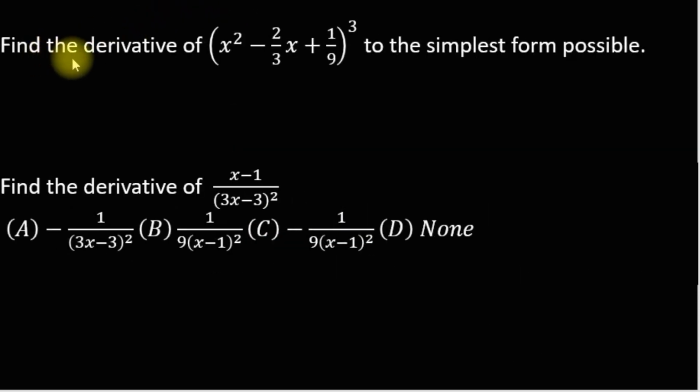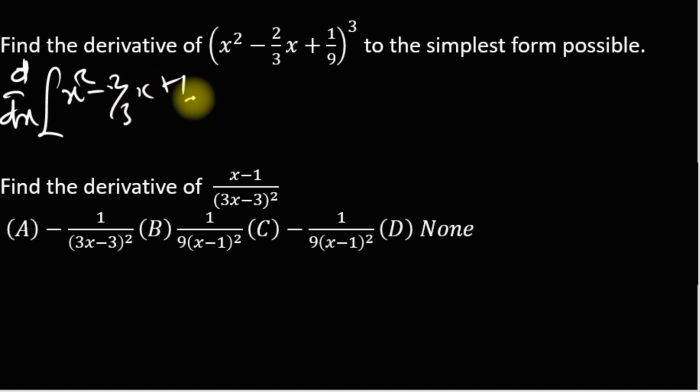We have to find the derivative of this to the simplest form possible. We are asked the derivative of x squared minus 2 over 3x plus 1 over 9. As you can see, this is x squared and this is 1 over 3 squared.